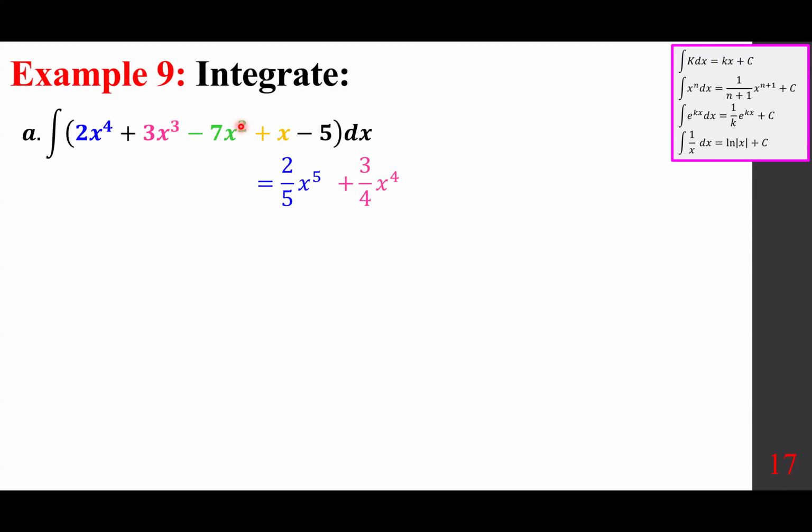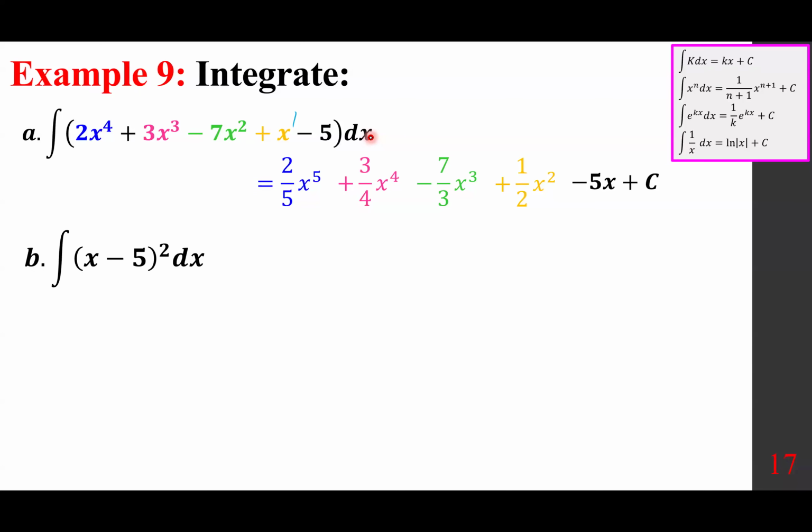This one, we add 1, becomes 3, minus 7/3 x cubed. Again, reminding everyone when the exponent is not there, it means x to the power of 1. So add 1, divide by it, 1/2 x squared minus 5x plus a constant, and we're done.